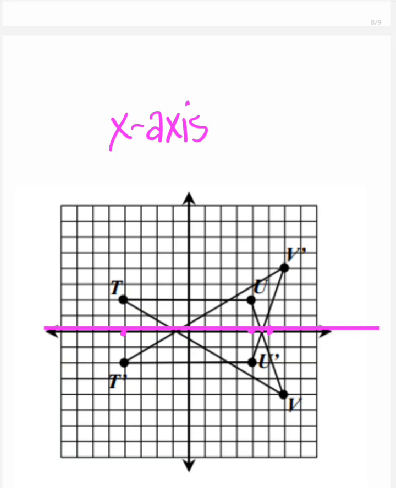Now get used to looking at these. You need to know what a reflection looks like. On the test, on the quiz, you're going to be asked what kind of reflection is shown in the figure. You need to be able to see what it is. Is it a reflection? And if it's a reflection, is it over the x? Is it over the y?